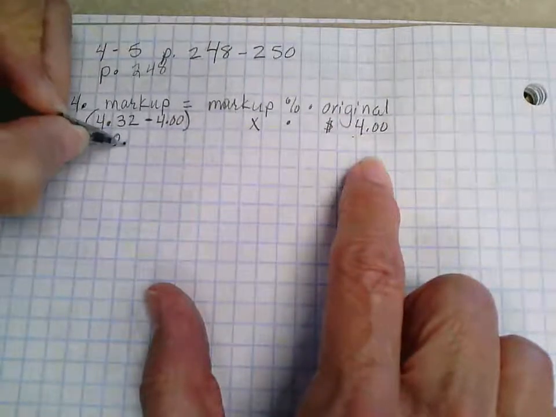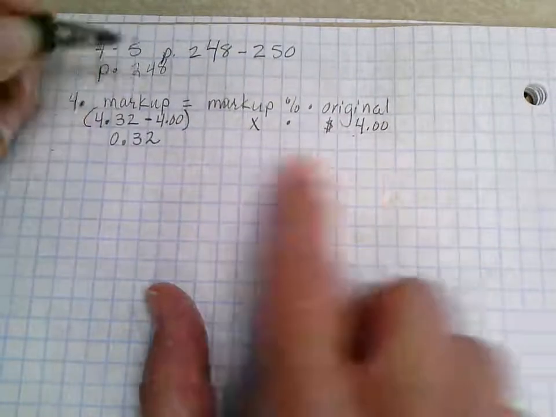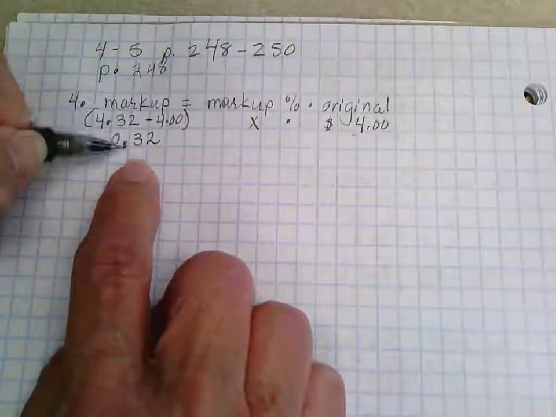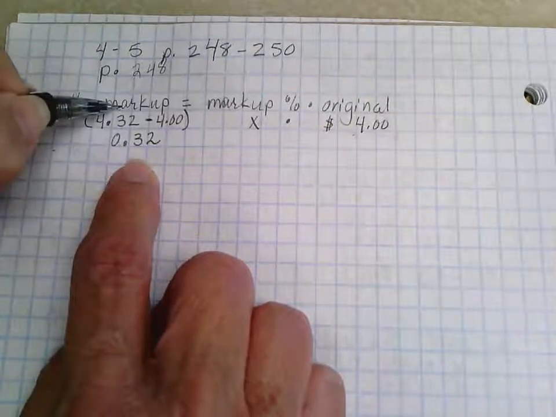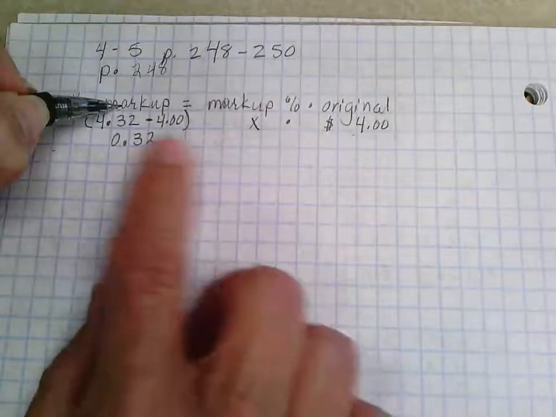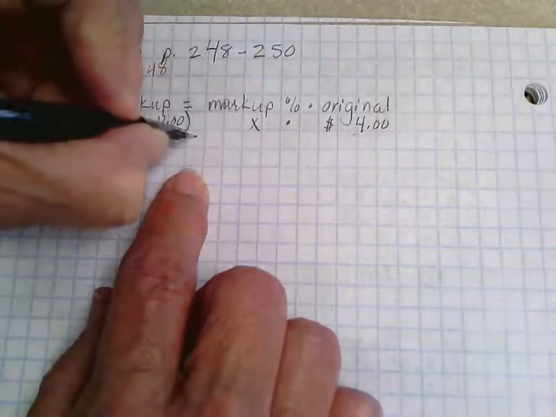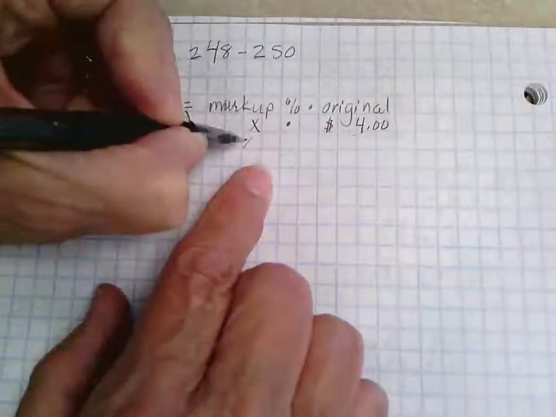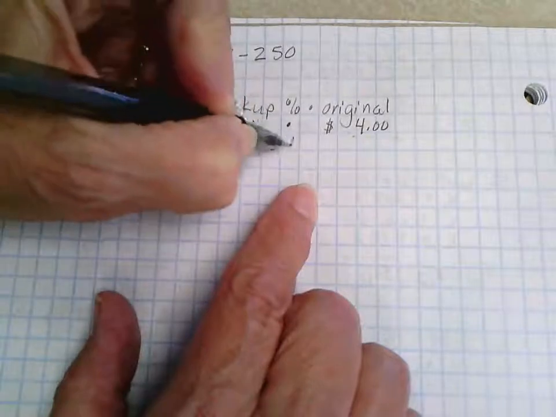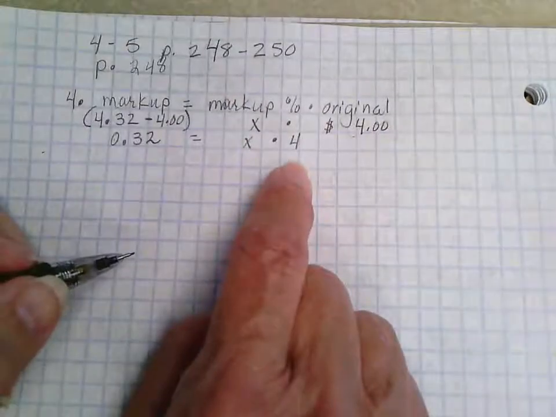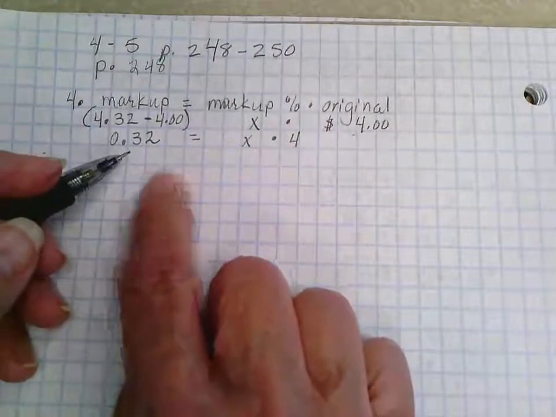So that would be 32 cents. The markup, the amount of money that was charged for the tax, was 32 cents. So the question is asking us, what percent of that $4 was that 32 cents?